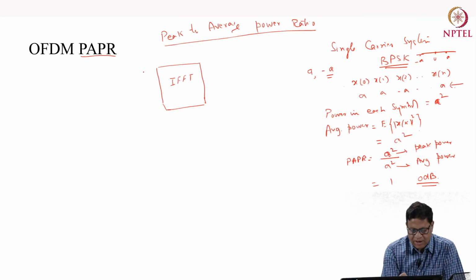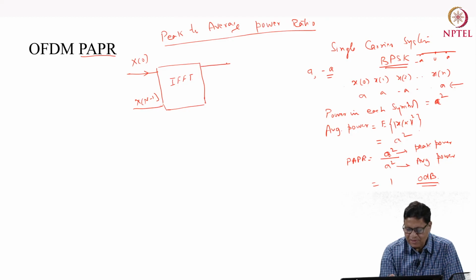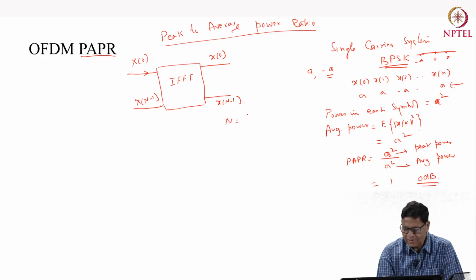These are the data symbols or the constellation, x0 to xn minus 1, in the frequency domain, and then the IFFT converts into the time domain, which are these samples, x0 to xn minus 1, where n is the number of subcarriers.